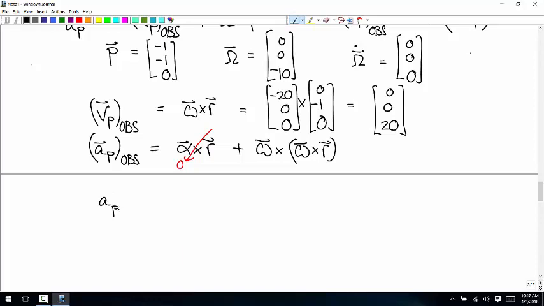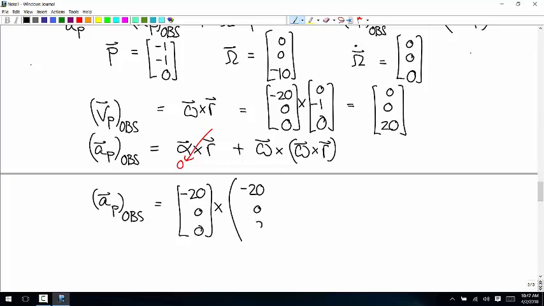So the acceleration of p that's observed is -20, 0, 0 cross quantity -20, 0, 0 cross r 0, -1, 0.